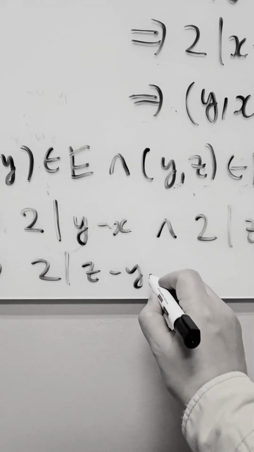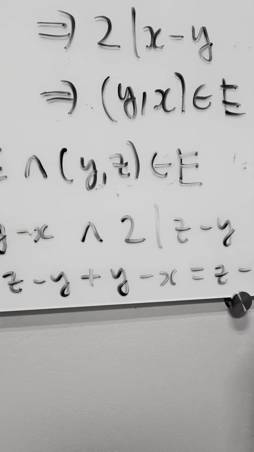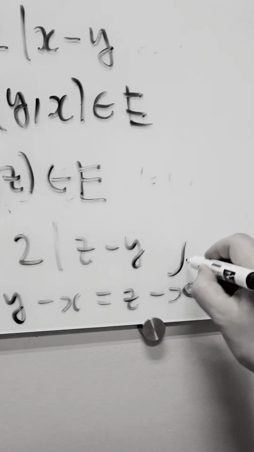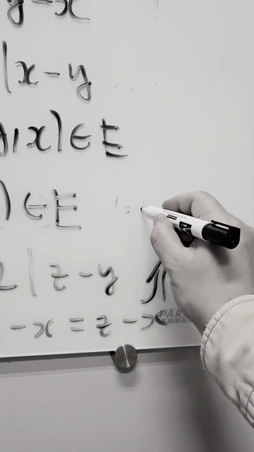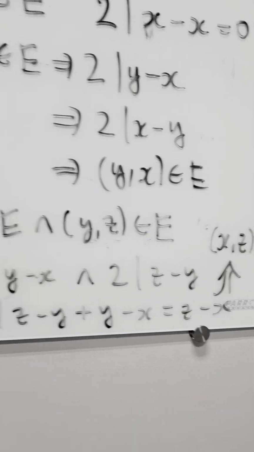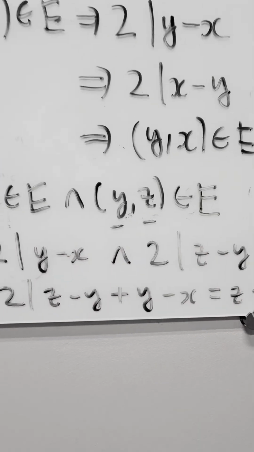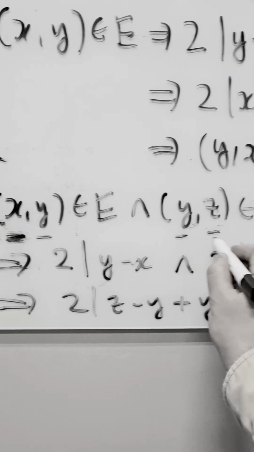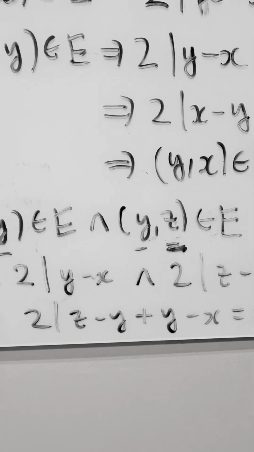Now the sum of Z minus Y and Y minus X is precisely Z minus X. And the fact that 2 divides Z minus X implies, by definition of E, that the pair X, Z is in E as well. And that's exactly what transitivity requires. If X, Y is in E and Y, Z is in E, then the ordered pair X, Z must also be in E, which we have now confirmed.